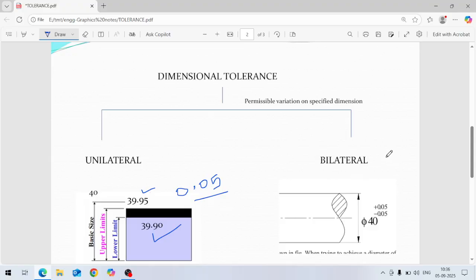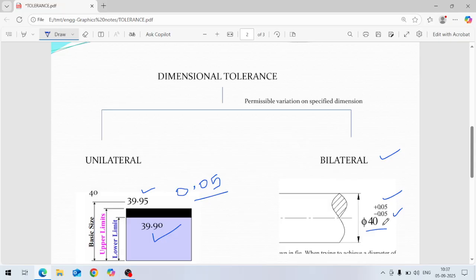Now what is bilateral? Bilateral means when it is on both sides. Say the basic size is 40 and plus 0.05 and minus 0.05. That means, what are the limits now? The upper limit is 40.05 and the lower limit will be 39.95. Because you can go up to 40.05, and on the minus side you can go up to 39.95.